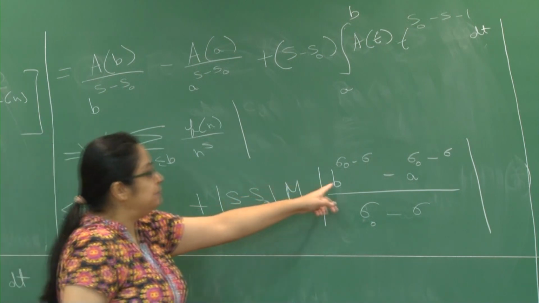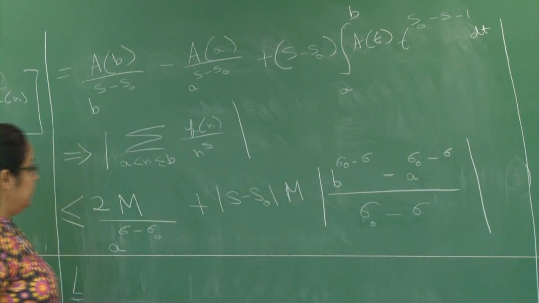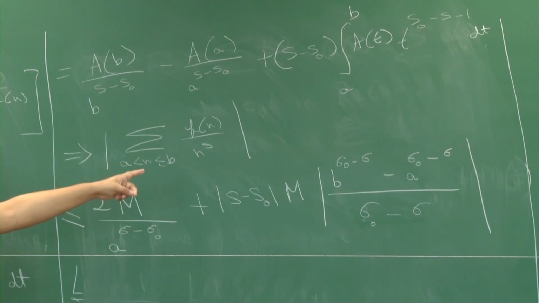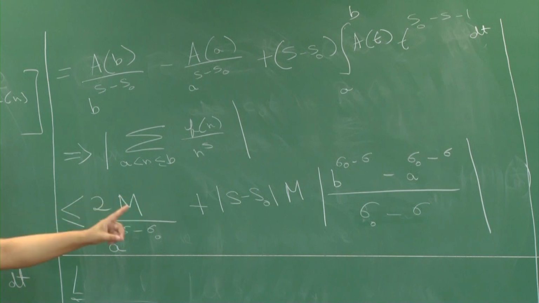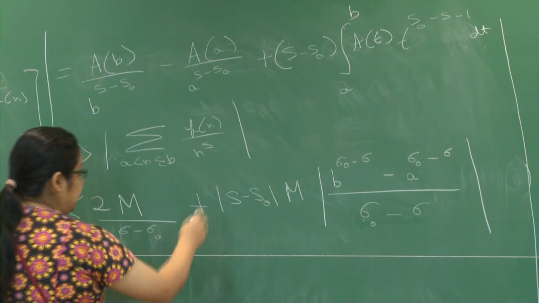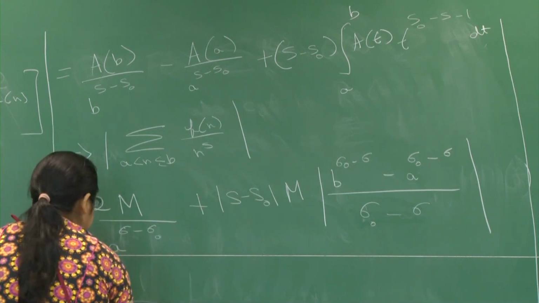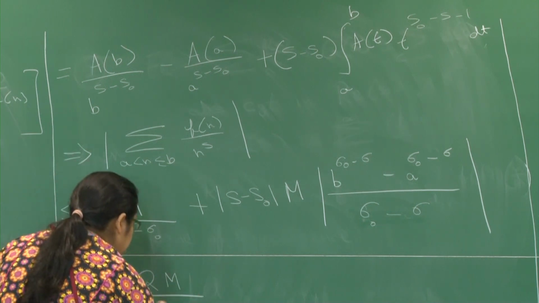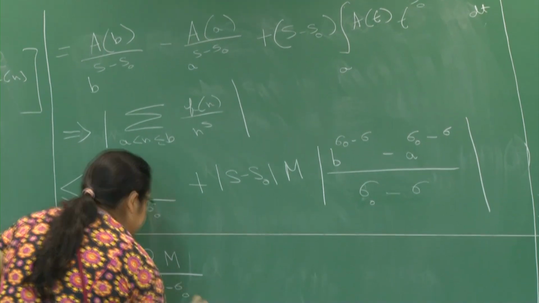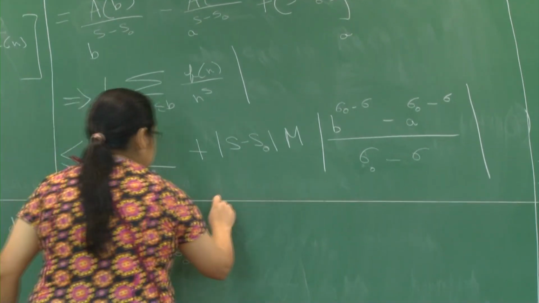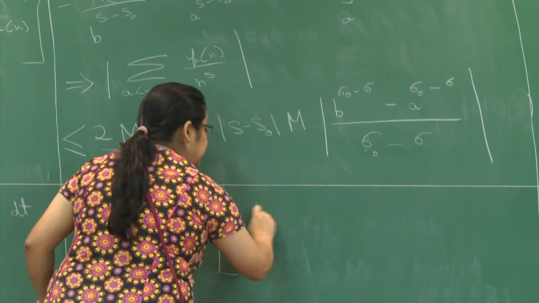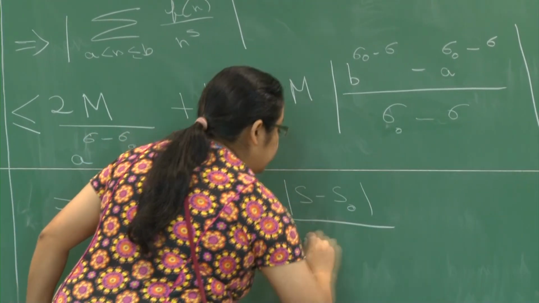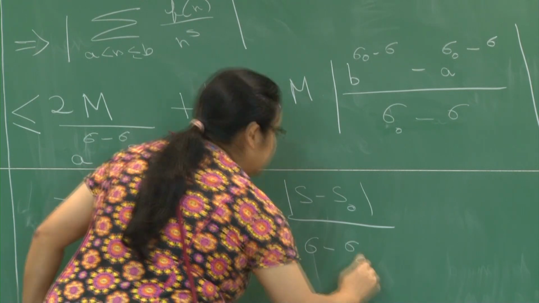Again, this is absolutely bounded above by 2 times a raised to the sigma 0 minus sigma. So therefore, this above bound is just 2 times m over a raised to the sigma minus sigma sub 0 times 1 plus absolute value of S minus S0 over sigma minus sigma 0.